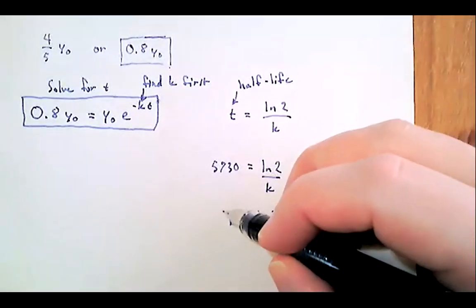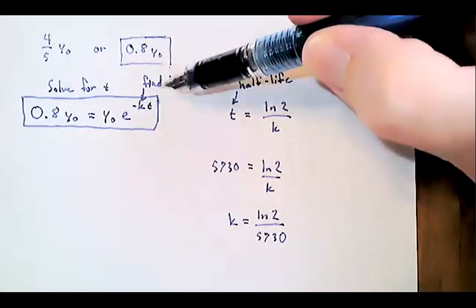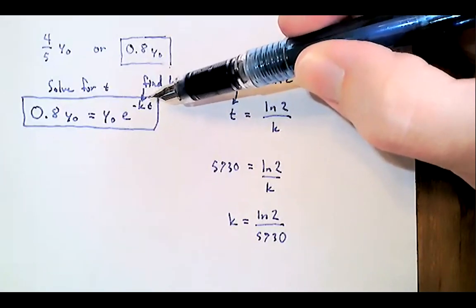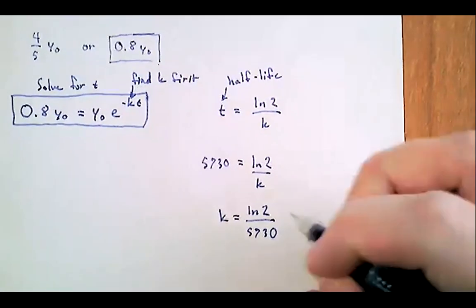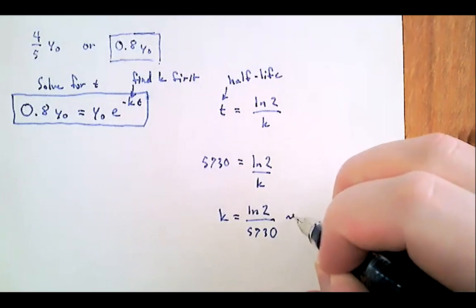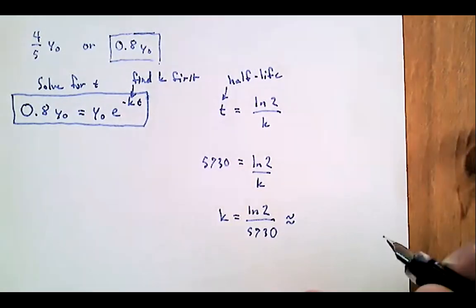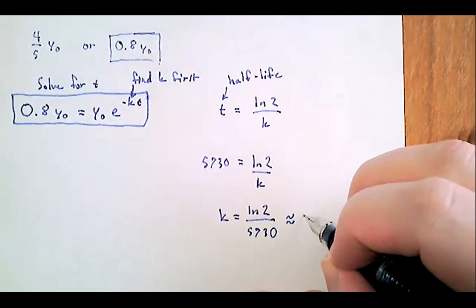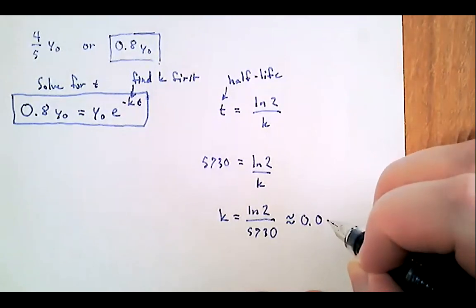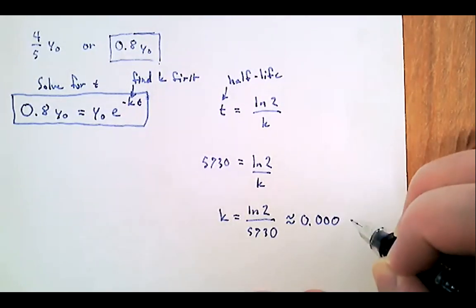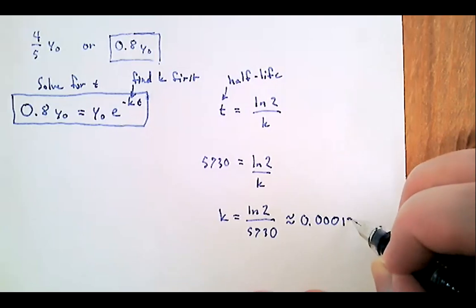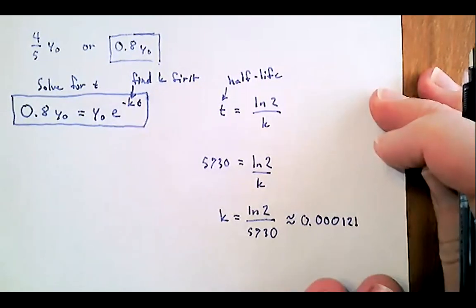And you can just leave it like this when you plug it in the formula, which is usually a good idea. Or you could enter this in a calculator and get a decimal approximation. It's about 0.000121. It's a really tiny number.